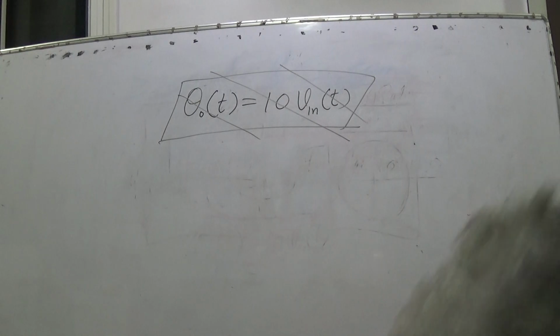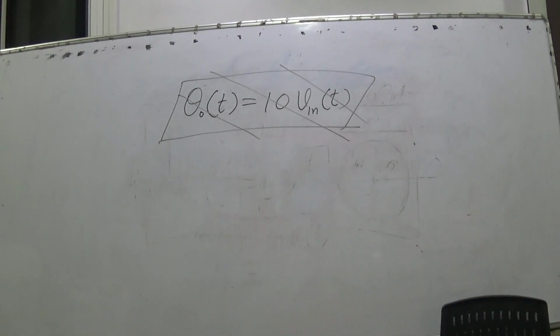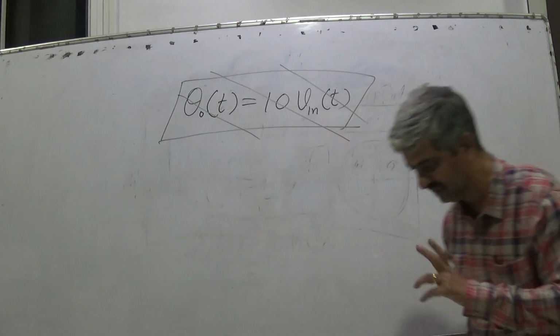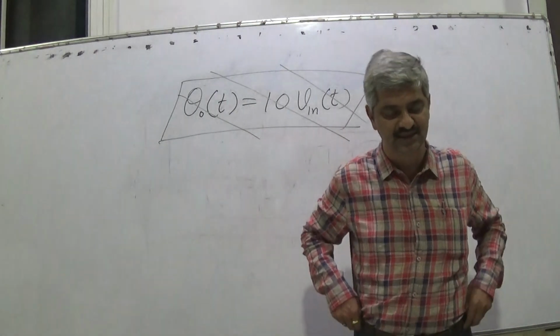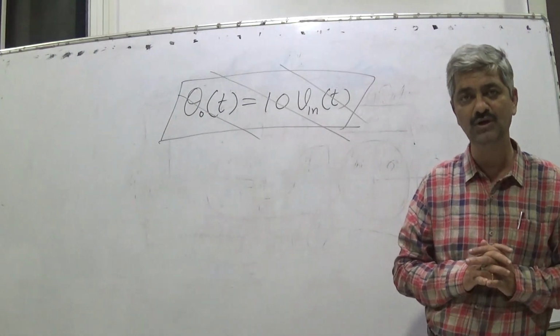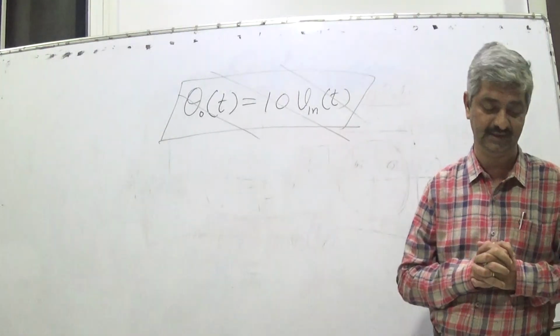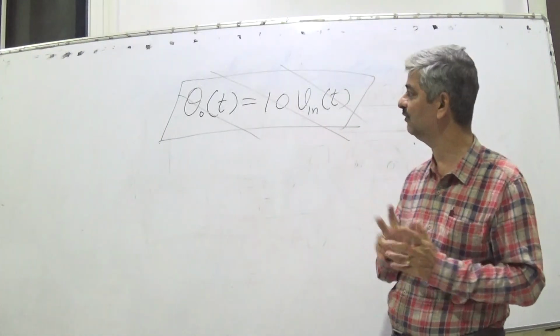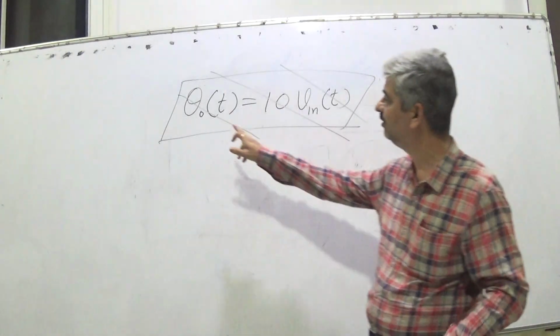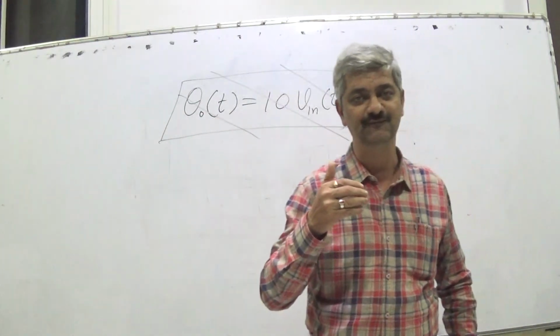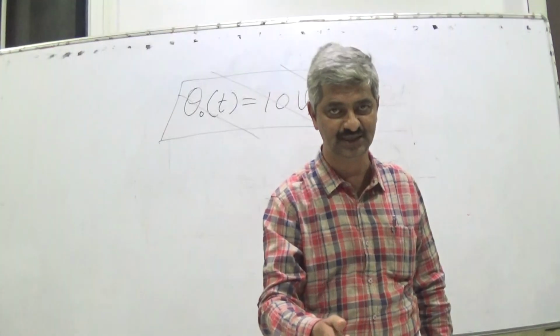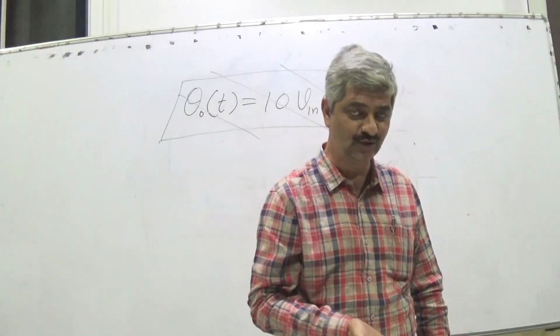The system was a simple system, a moving coil galvanometer converted into a voltmeter, and we were expecting that the voltmeter scale is adjusted by using the series resistance such that for 1 volt there should be 10 degrees of deflection of the pointer, and therefore we wrote the equation as theta O, that is the system which is having the deflection of the pointer as output, that is the angular position is the output and voltage is the input.